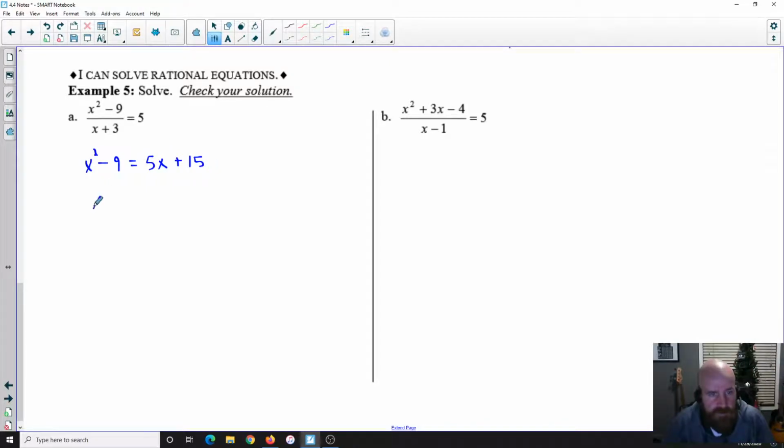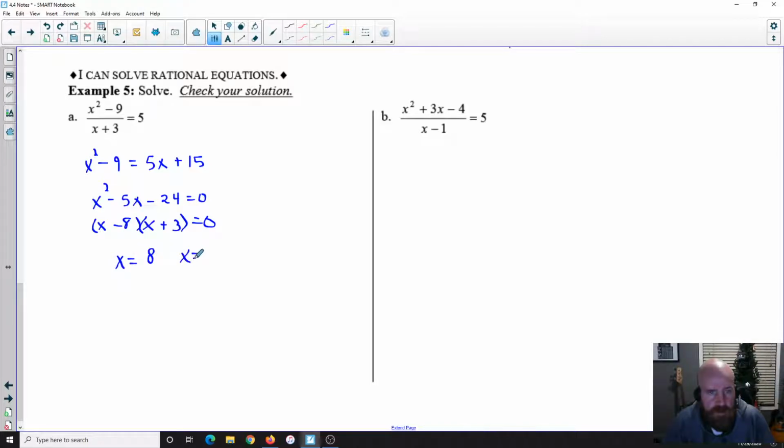And move everything over, and factor. So negative 8, positive 3.